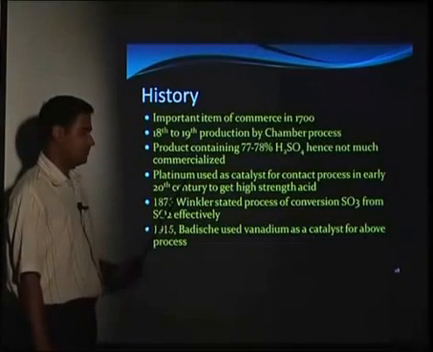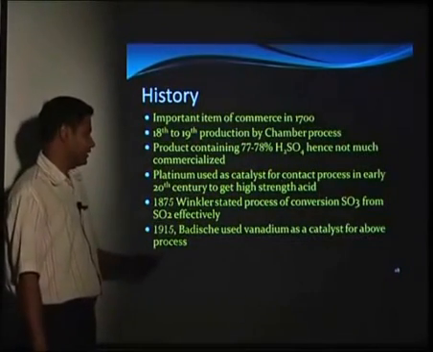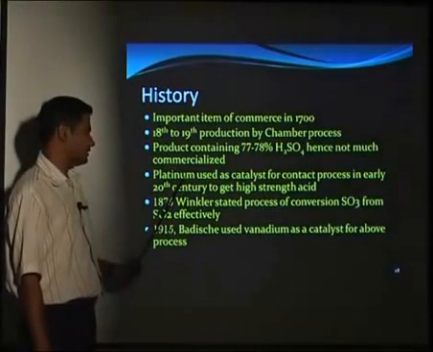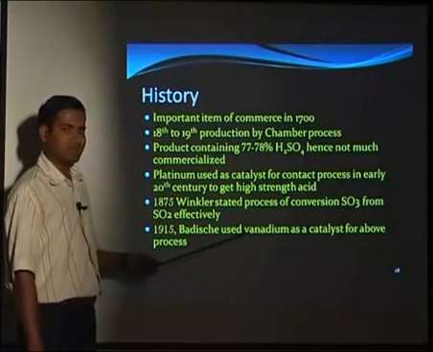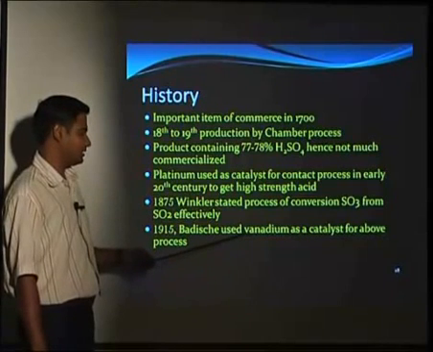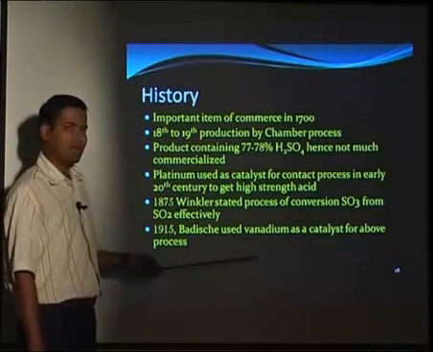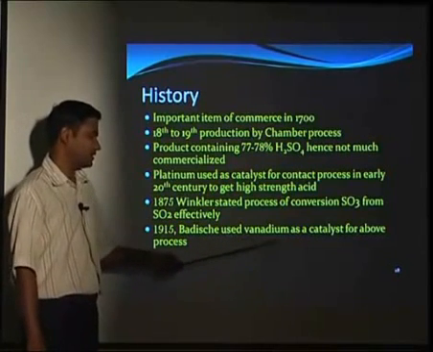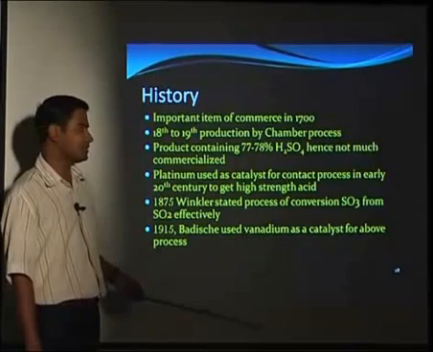So the platinum was replaced by vanadium pentoxide. Platinum is far more expensive than vanadium, so the cost of the sulfuric acid came down tremendously, and this process became more useful. Nowadays, sulfuric acid manufacturing takes place with the use of vanadium pentoxide as a catalyst.